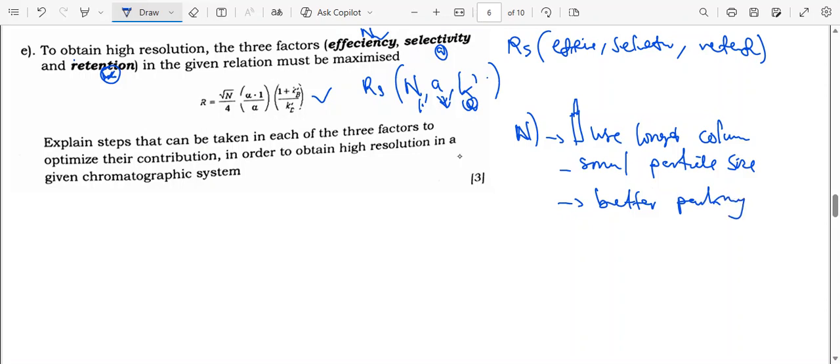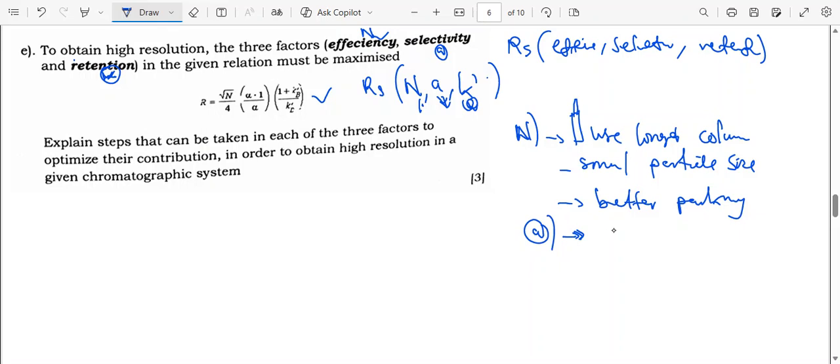Then how can we improve the selectivity, which is the A factor? We need to change it because it is about how well 2 substances can be separated.